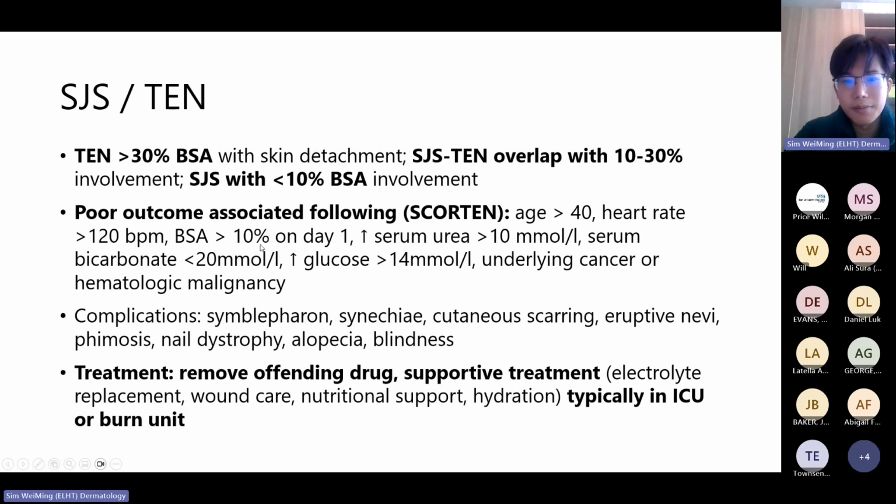Body surface area would already be more than 10% if you're suspecting TEN. If they're dry, urea is probably more than 10. And if they've got, I don't know, kidney involvement, or if they're just a bit acidotic, whether it's respiratory or metabolic, the bicarb might already be less than 20. If you're starting them on steroids, the glucose will go up. So in itself, they would probably score relatively high on SCORTEN.